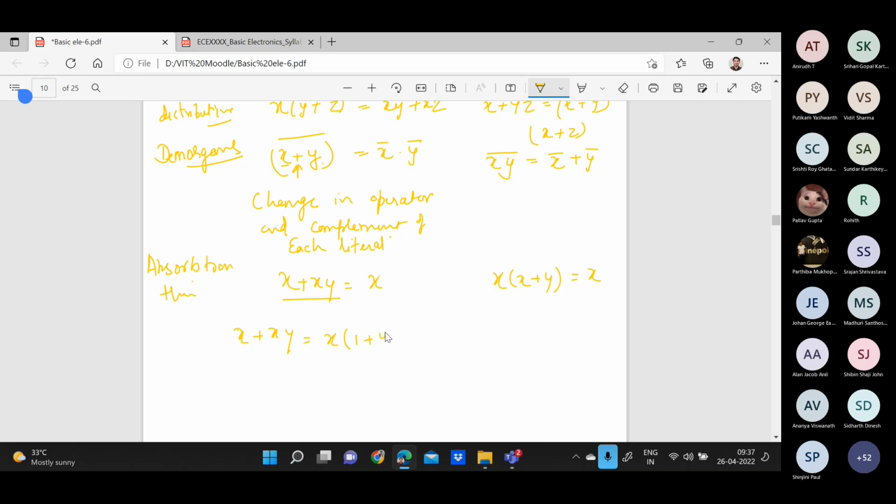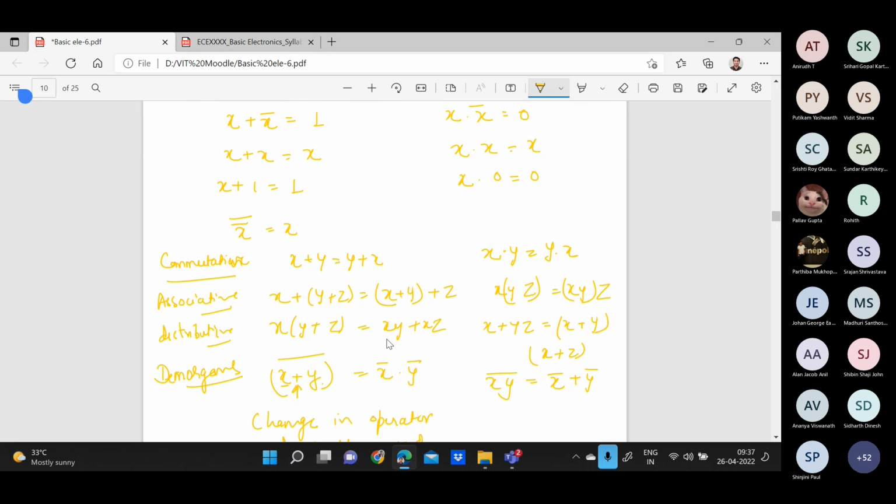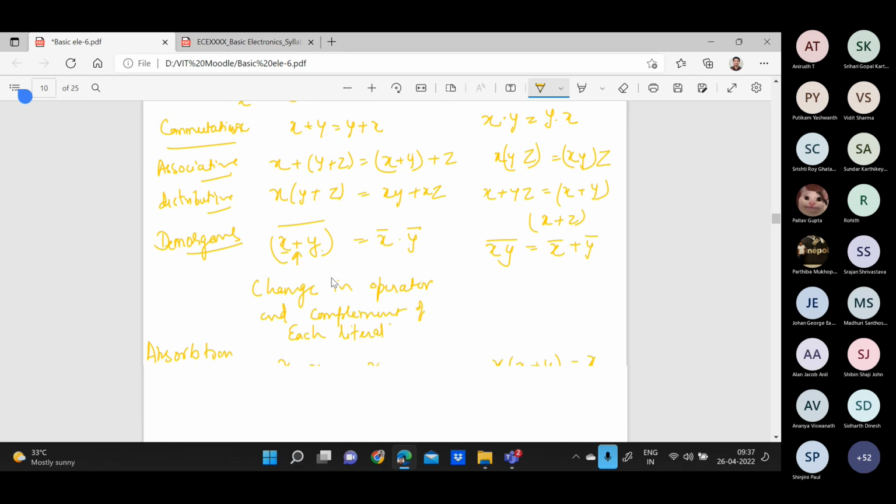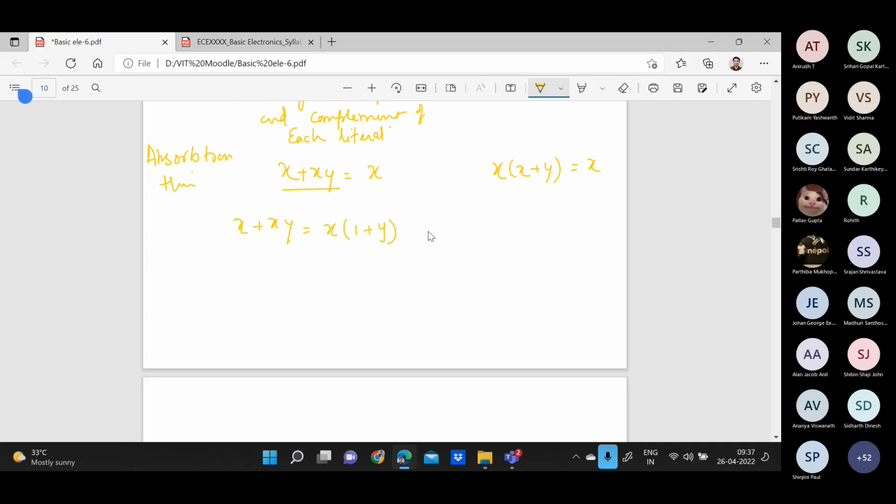It will be X times (1 plus Y). Now, 1 plus Y is equal to 1, and X dot 1 is equal to X. So by this method, you can prove how it's coming.